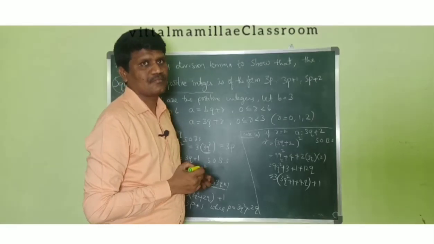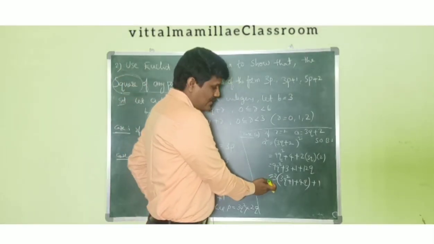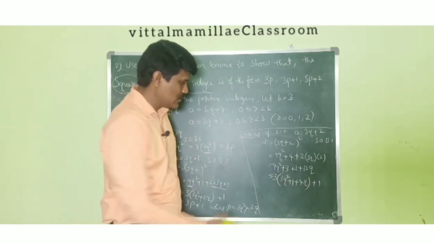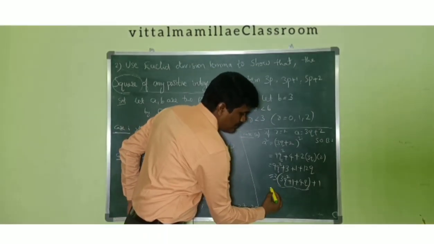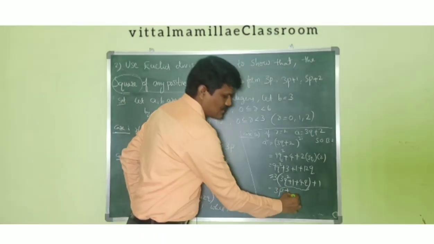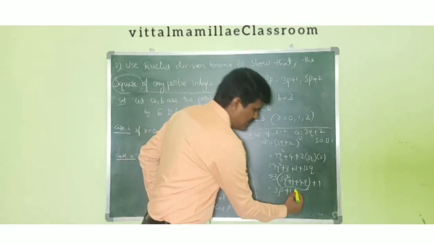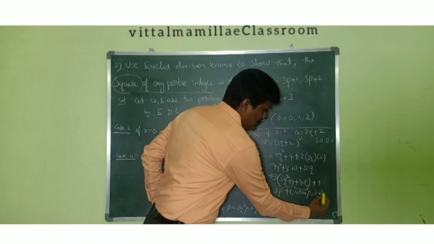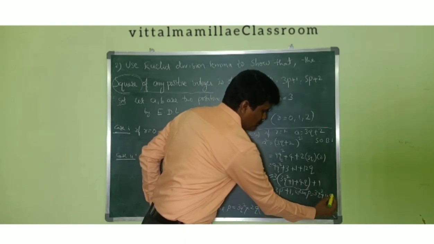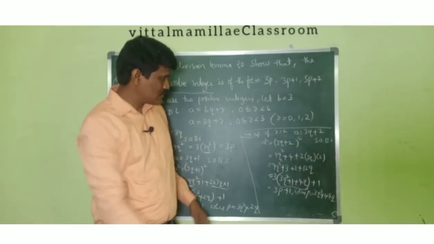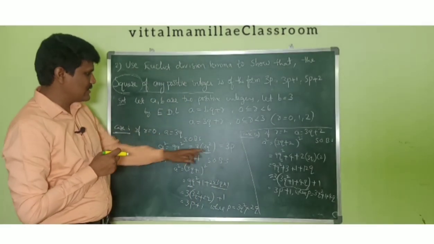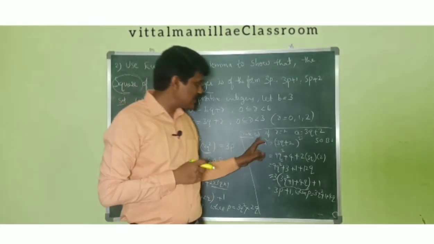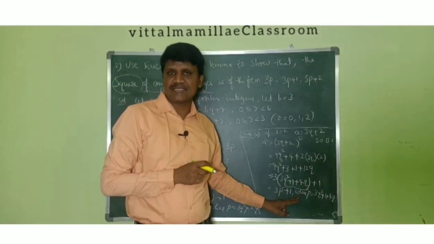So if I take 3 common, it is coming as 3q square plus 1 plus 4q plus 1. So you should suppose this as some p, 3p plus 1, where p is equal to 3q square plus 1 plus 4q. So in case 1 we got it as 3p, in case 2 we got it as 3p plus 1, and also in case 3 we get it as 3p plus 1.